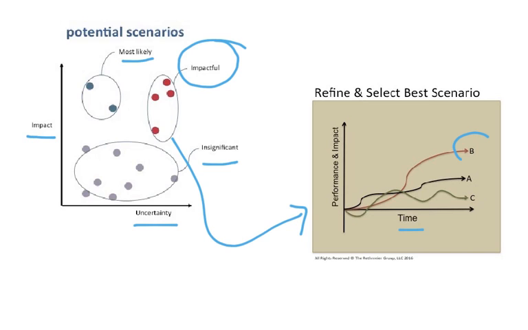And in this case, we've identified scenario B. Even though it starts out slow at the beginning, as you can see, its trajectory at some point really starts taking off, and it results in an outcome that is much better than the other two. And so those are the things that we think are important.